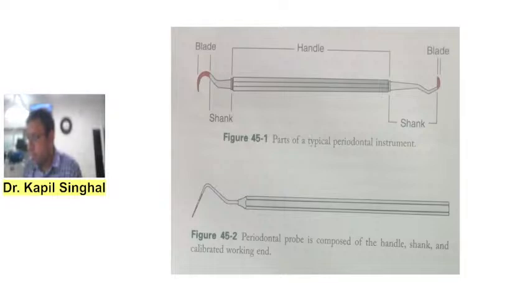The wavelength of Er,Cr:YSGG, erbium chromium YSGG laser, is 2780. The wavelength of Ho:YAG laser is 2100.